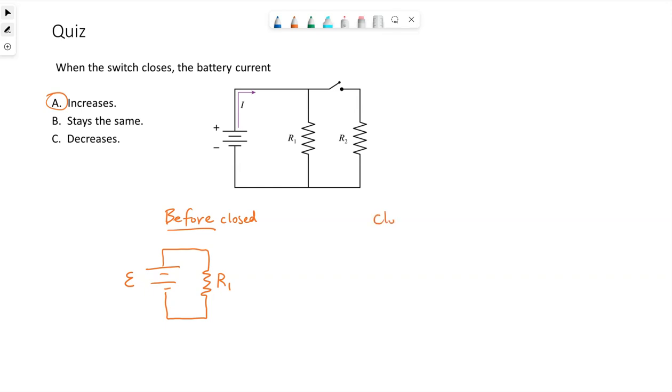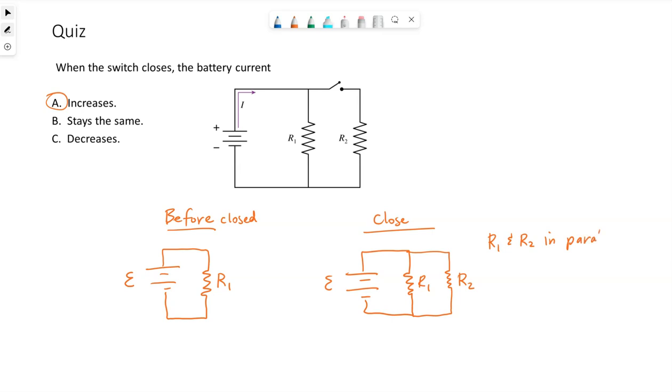Okay, when we close the switch, we now have our battery, we have a resistor 1 and a resistor 2 in parallel. There is a complete path for charges to flow through. R1 and R2 are in parallel. The equation to find an equivalent resistance is this inverse relationship.